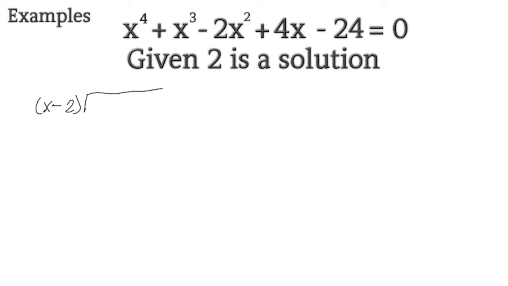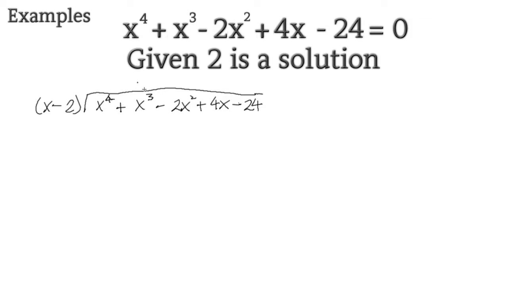So let's do a long division of x to the 4 plus x cubed take 2x squared plus 4x take 24.